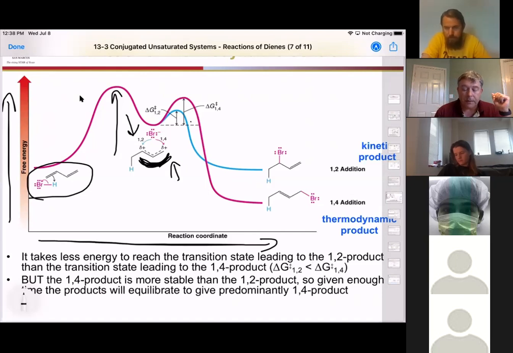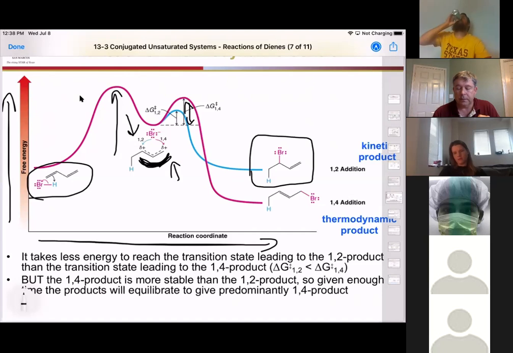So there's an actual higher activation energy to get to the 1,4 product. If it's less energy to get to the 1,2 product, what would the product be? The product ends up being this right here, our 1,2 addition, and we have a monosubstituted alkene over here.